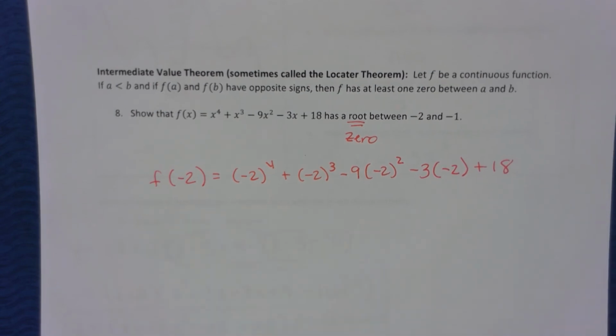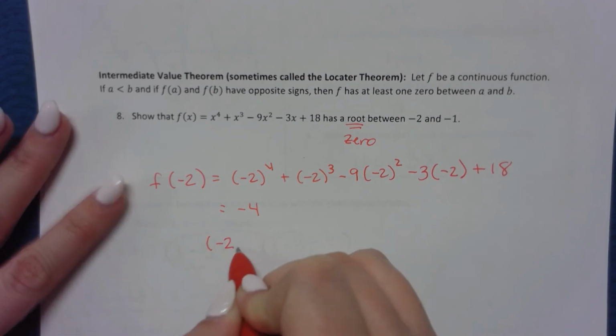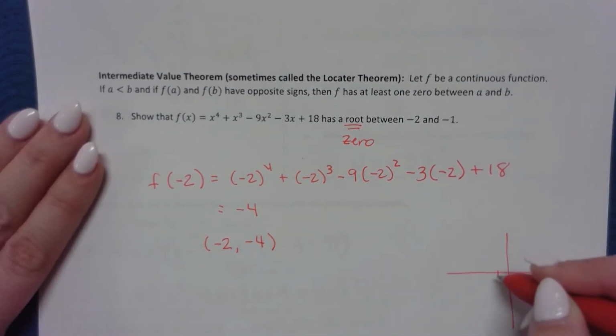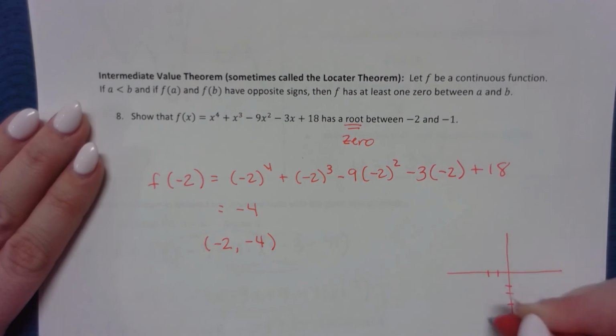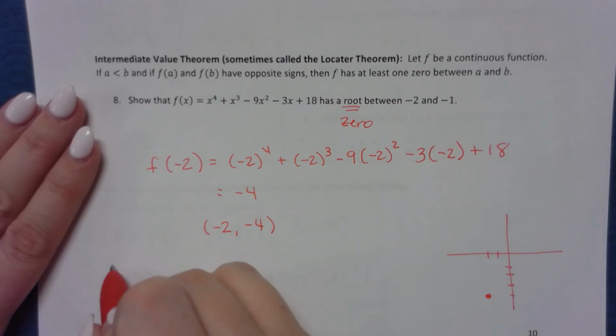We get -4. So what that's saying is that the ordered pair is (-2, -4). If we were to plot that, we've got -2, -4, this guy right here.